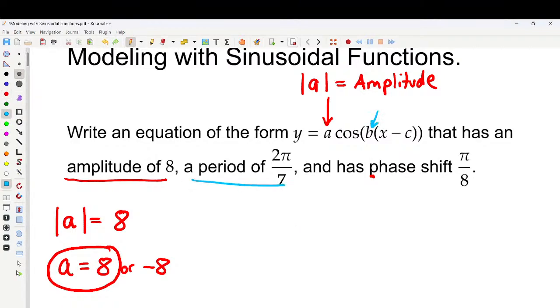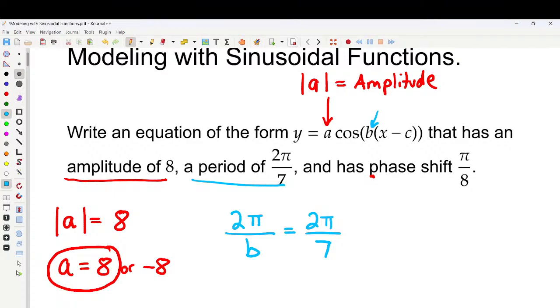So your b, that inside multiplier, is what's going to stretch or shrink your period. So the formula to know, this is a must know, 2 pi over b is your period. Well, we're told it has to be 2 pi over 7. And so now we got an equation to solve, although I think I already solved it just by looking at it. 2 pi divided by something has to equal 2 pi divided by 7.